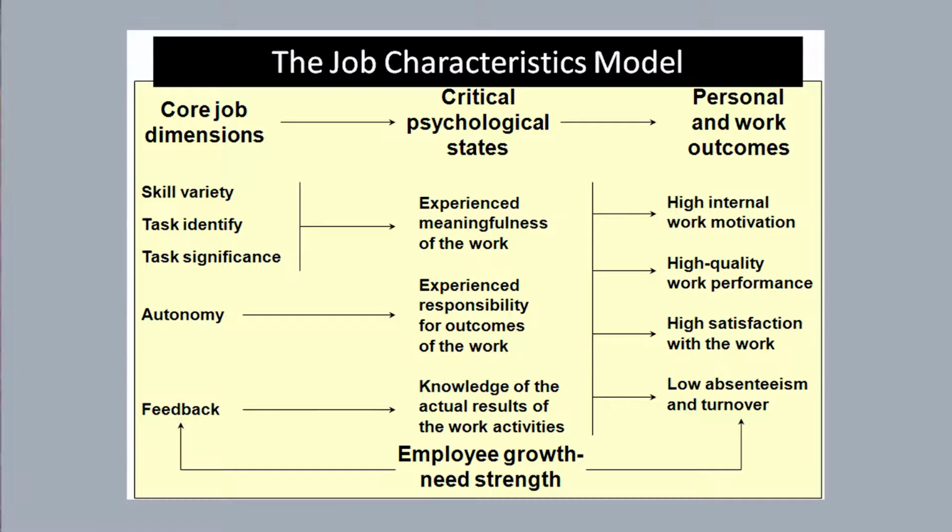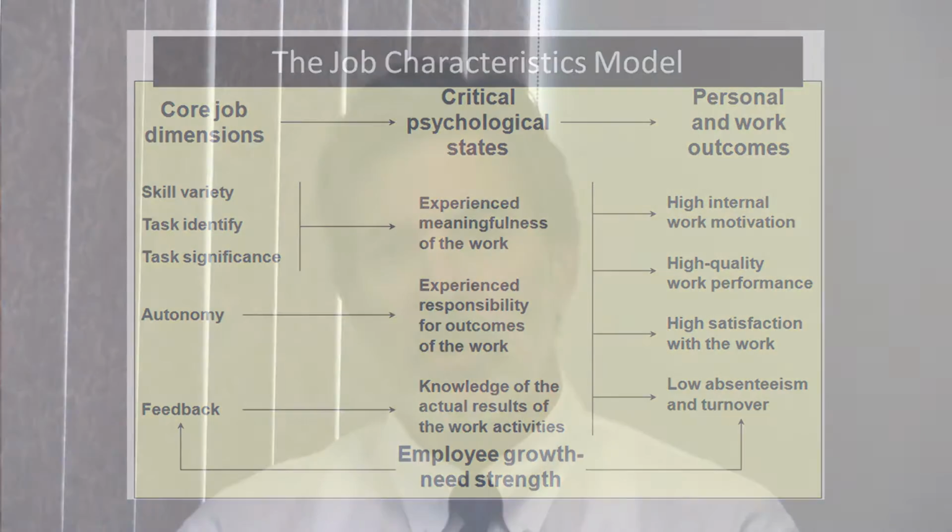So I would say think about, as a manager, what practices you could make greater use of to achieve those so-called critical psychological states among employees. So those 5 core dimensions are quite important, and they're included in almost any management textbook that you would find.